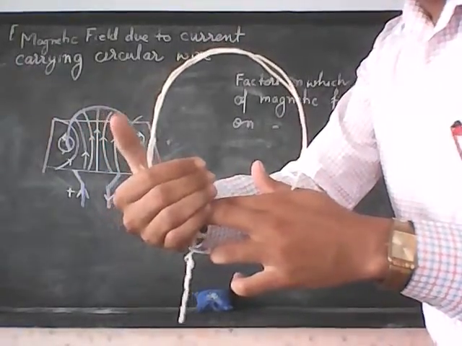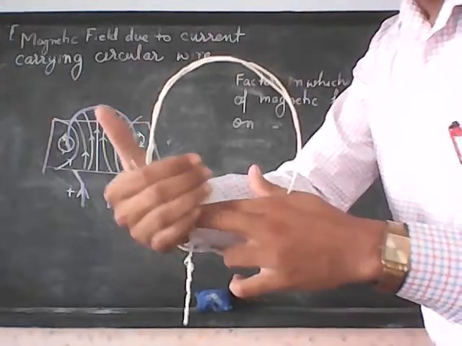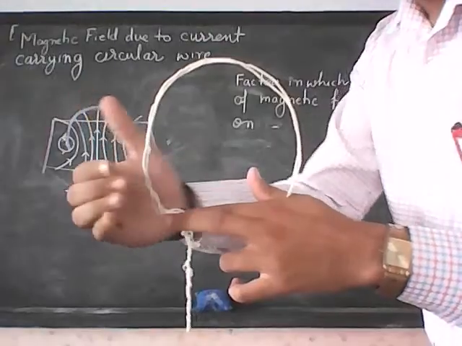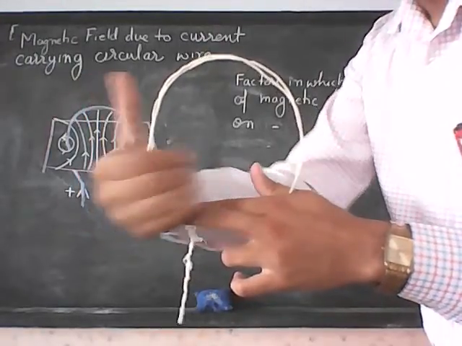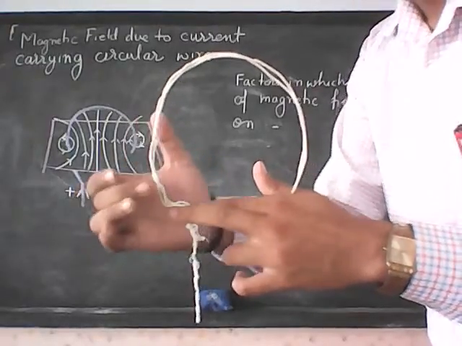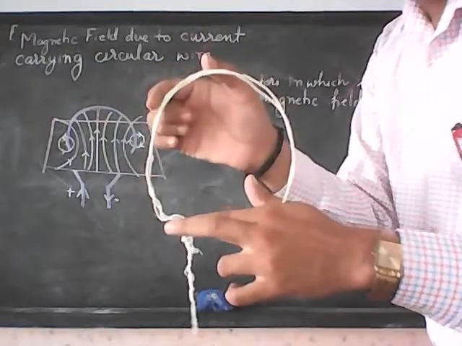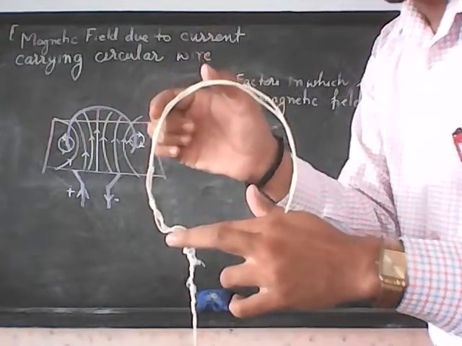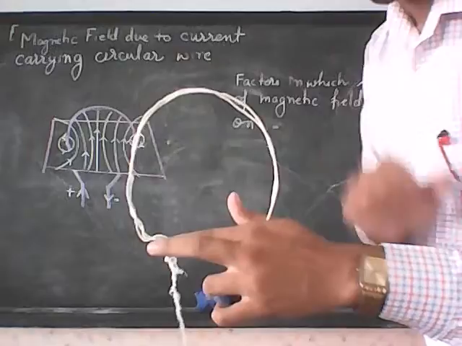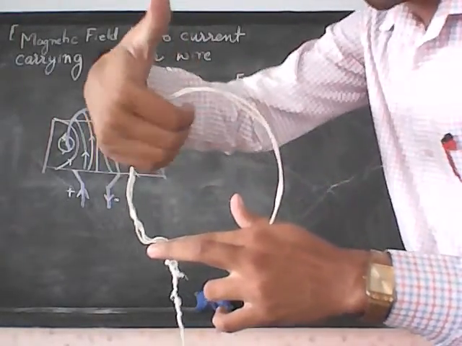You can see here, my thumb is showing the direction of current. So what will be the direction of magnetic field here? This will be a circular form here, which means it will be a kind of loop. When you see this section or part of the wire, where will be the direction of magnetic field? This way.